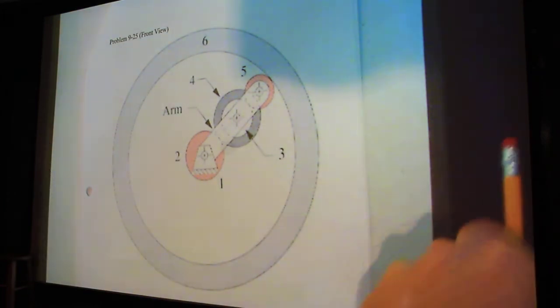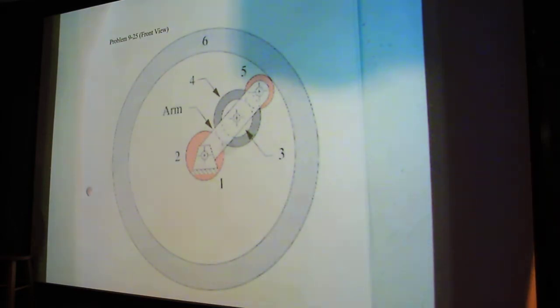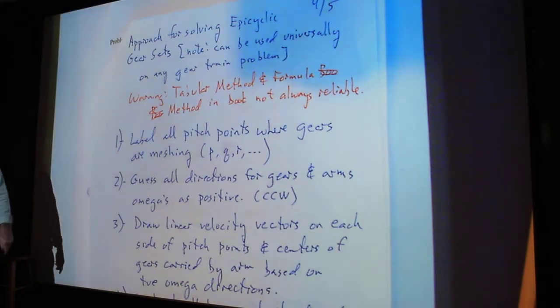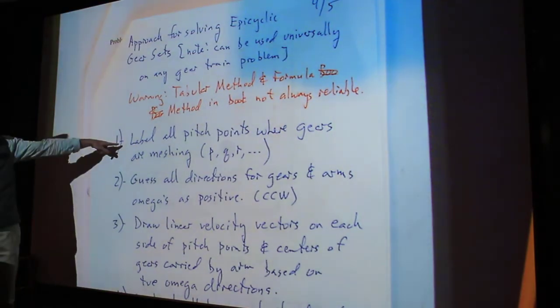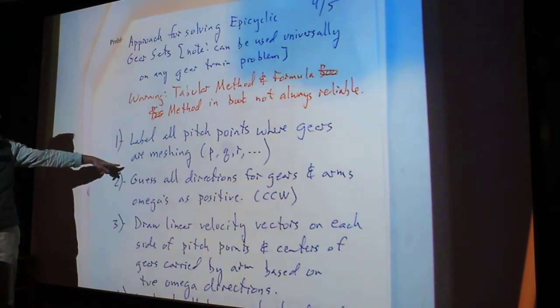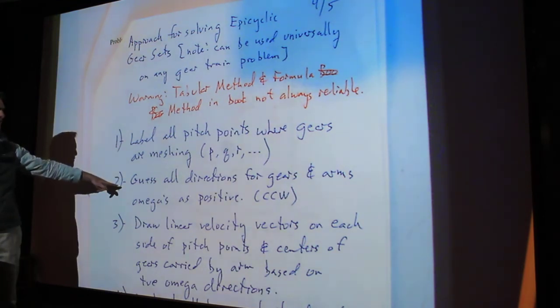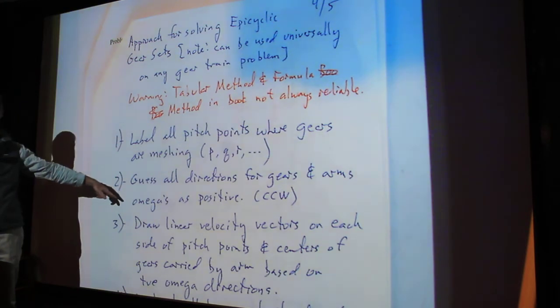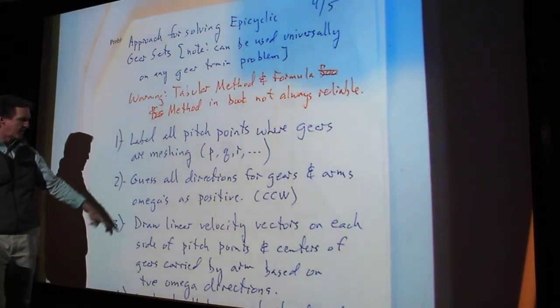All right, so remember we have these steps that I gave to you on November 29th, last Wednesday. In that, I said to first label all pitch points where gears are meshing, guess all your directions for your gears and arms, the omegas, to be positive.